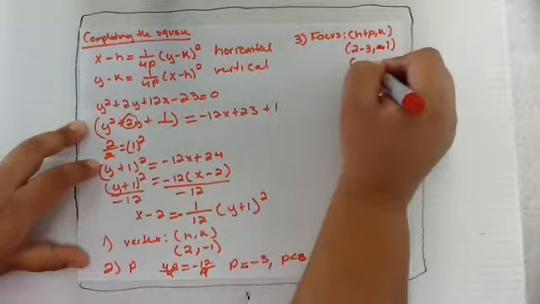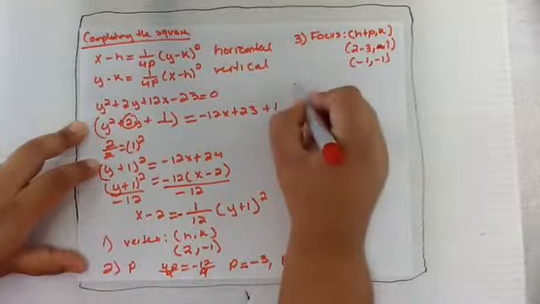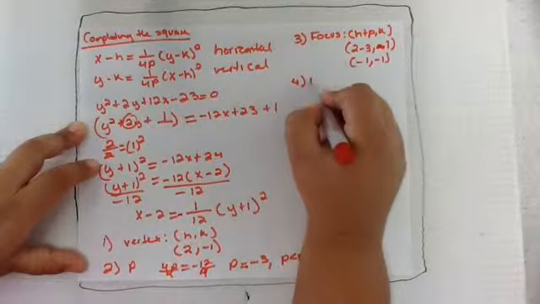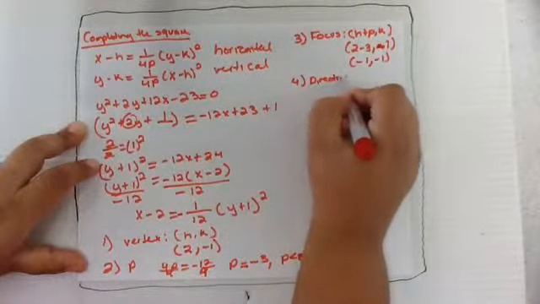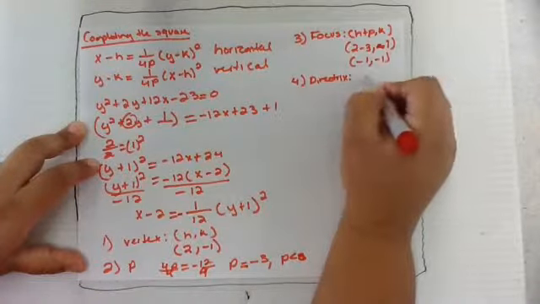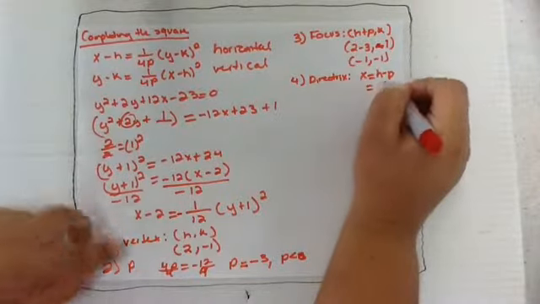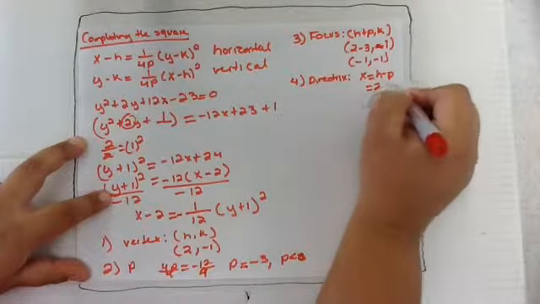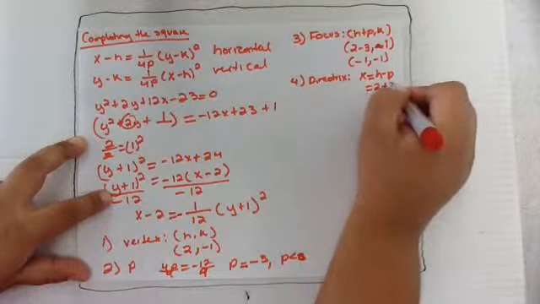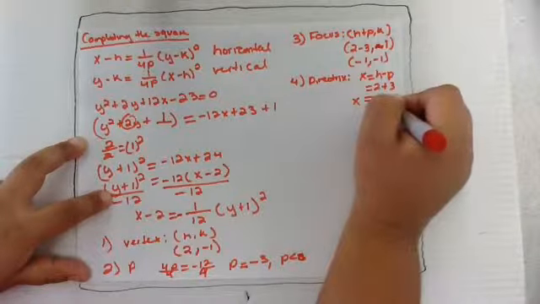So our point is at negative 1 and negative 1. Now we can find our directrix, and our directrix is x equals h minus p. Our h is 2 and our p was negative 3, so this would make it a positive 3. So it's at x equals 5.